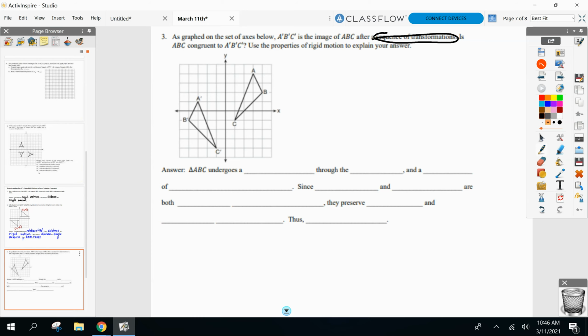Also, do you want it in vector notation or other notation? Words, vector, function. Okay, so anything? As long as you get the idea, if you're telling me it's a translation, you get that point across, however it is.